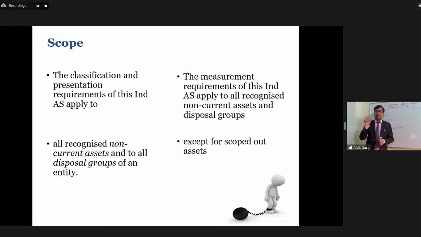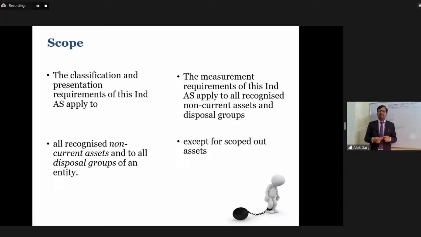And please remember one thing: for making a group of assets a disposal group to be covered under IND AS 105, at least one of the assets in the disposal group should be a non-current asset. A disposal group may be a combination of non-current assets, current assets, and liabilities also.